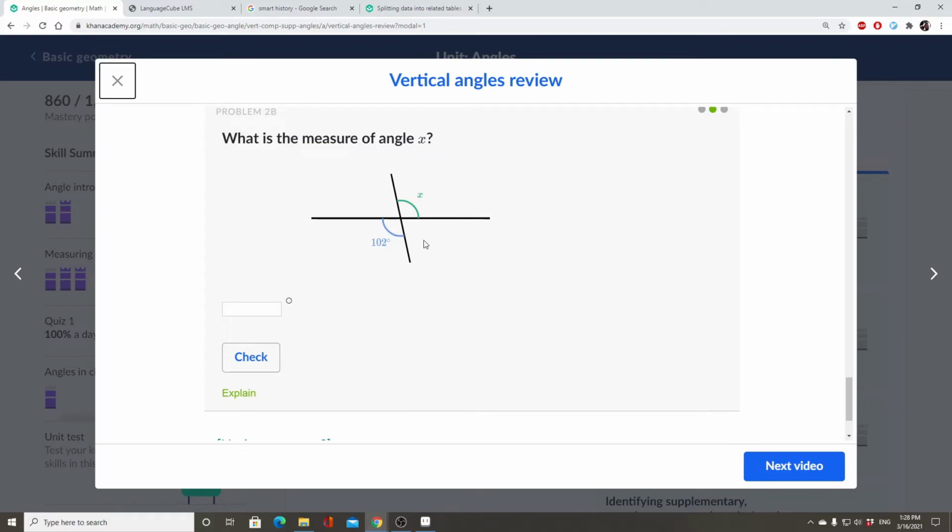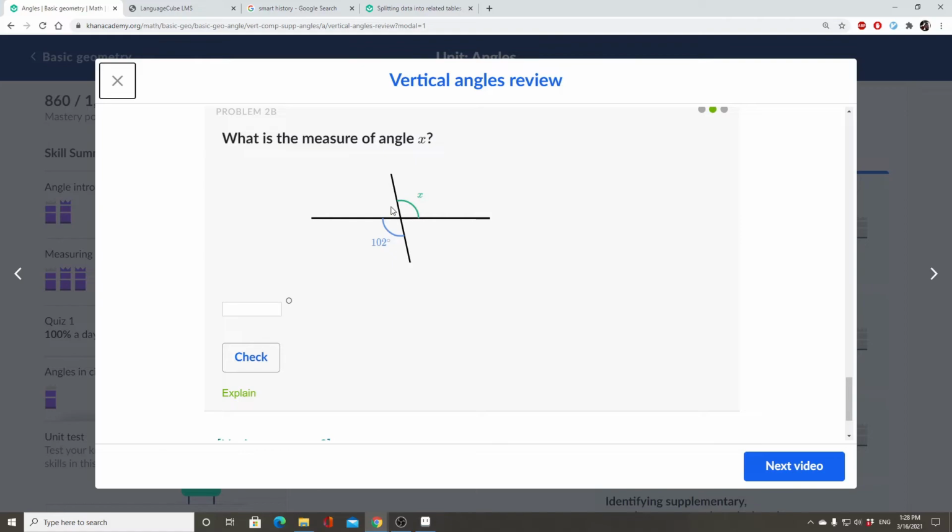Let's just see if I'm right, because I don't get any points for these. If I were to just subtract this from 180, that would give me 98, right? 180 minus 102 is 98.